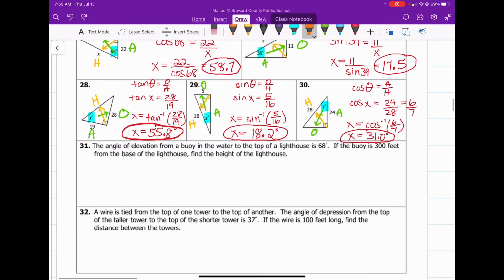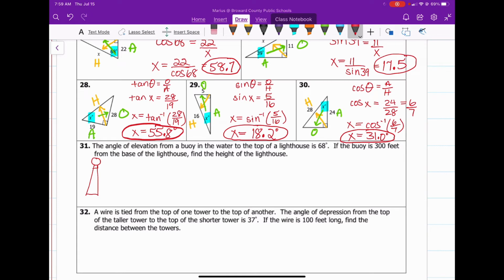All right, let's go ahead and do these last two. It says the angle of elevation from a buoy in the water to the top of a lighthouse is 68 degrees. If the buoy is 300 feet from the base of the lighthouse, find the height of the lighthouse. So let's draw a little lighthouse first. Here's my lighthouse.